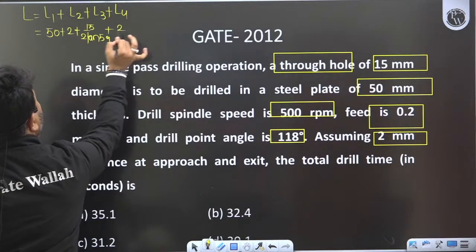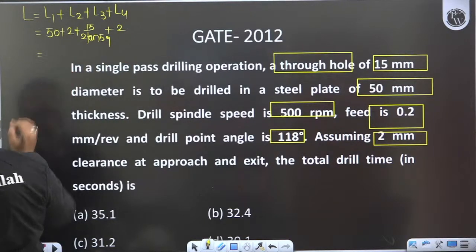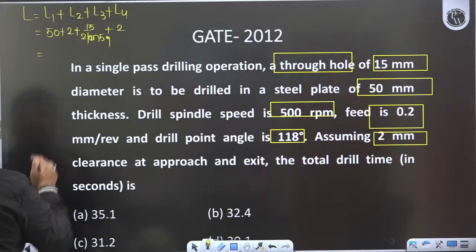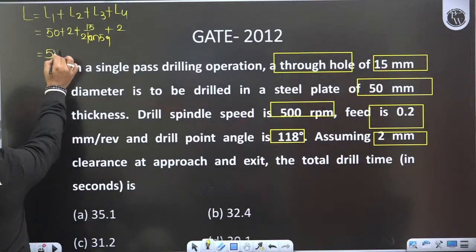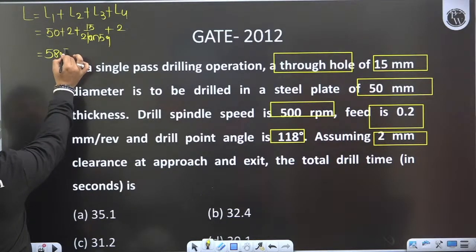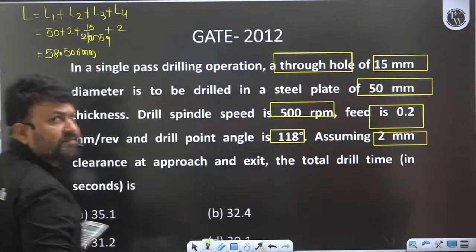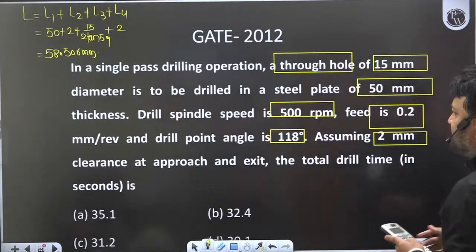L4 is over travel. So the total is 54 plus that, which comes out to 58.506 mm. Is it clear?